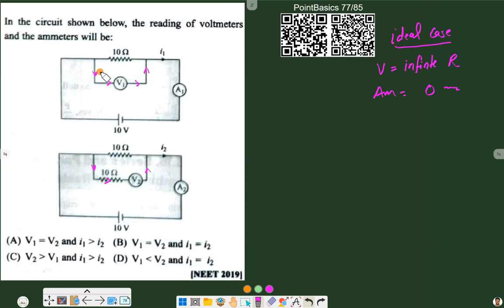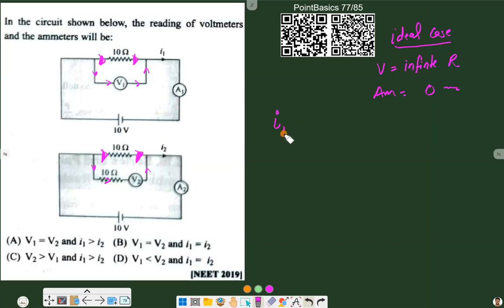So in the upper one, the actual current will flow through this 10 ohm, and in the lower one also all the current will flow through this 10 ohm resistance. As the source is the same and the effective resistance is the same in both cases, the current will be the same.